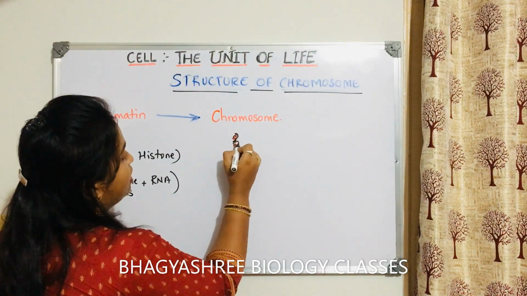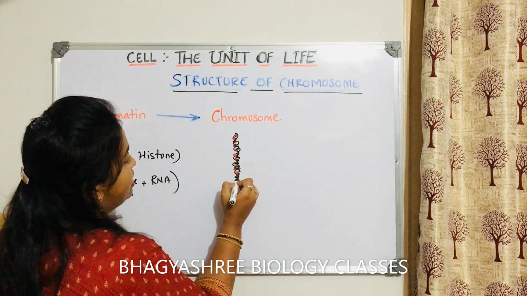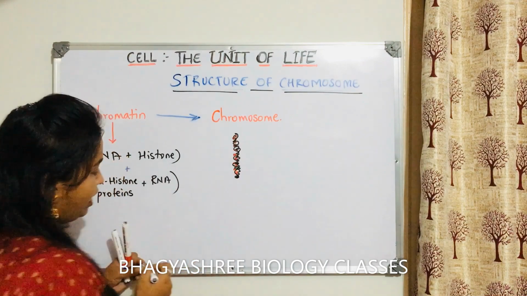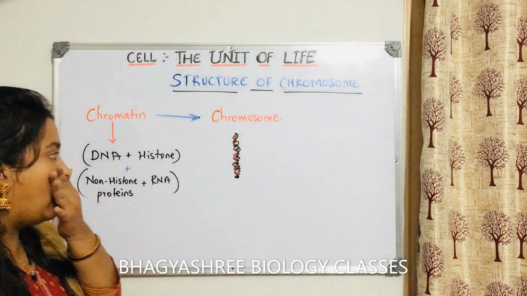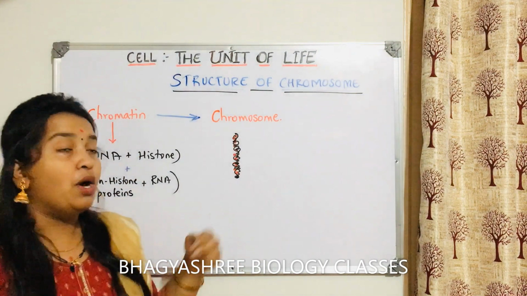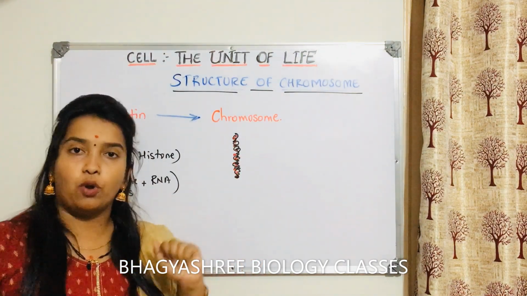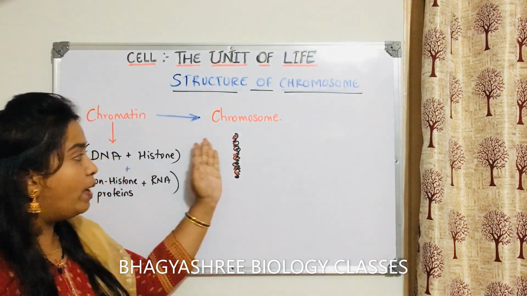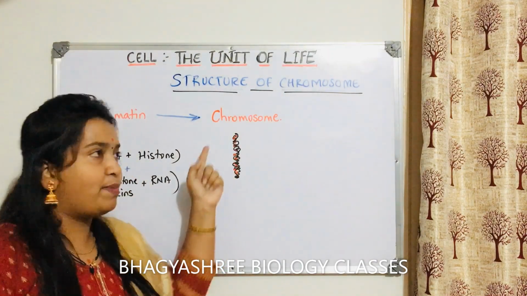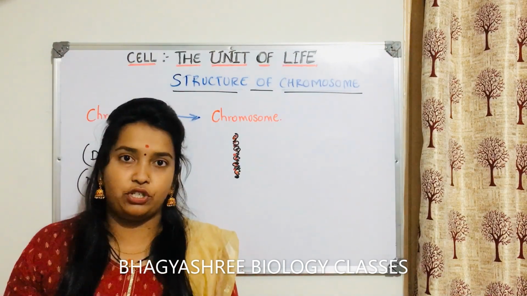And now, since we are talking about chromosome here, there will be more condensation here. So now we can call it chromosome. Here you can see more coiling of chromatin. Now we call it chromosome. Now the DNA which is present here has already replicated in the interphase stage.